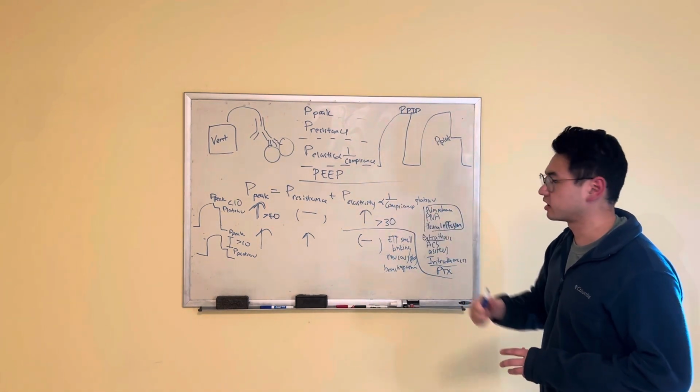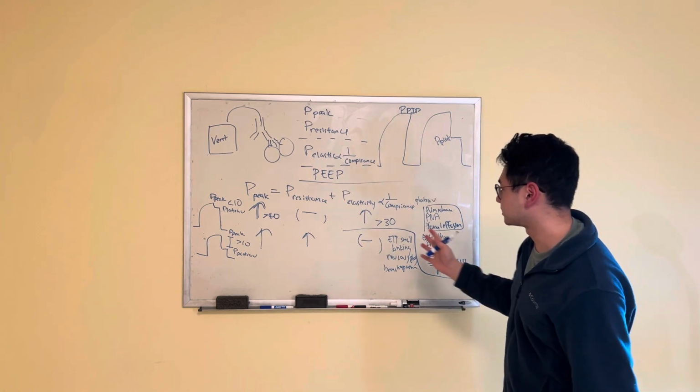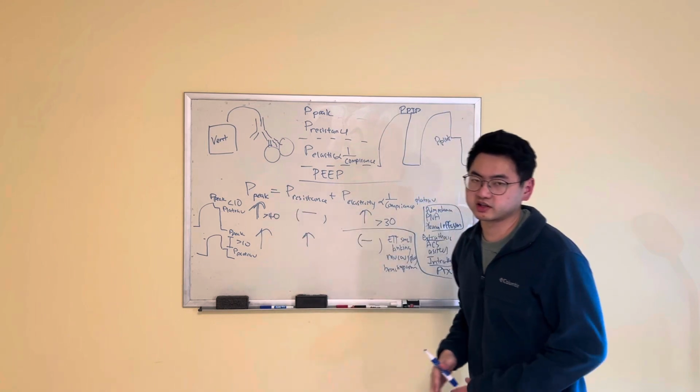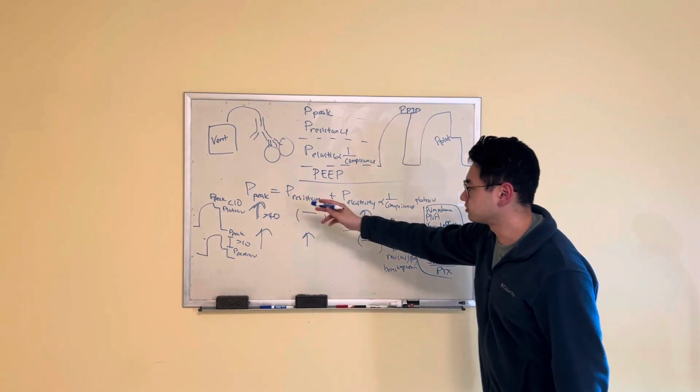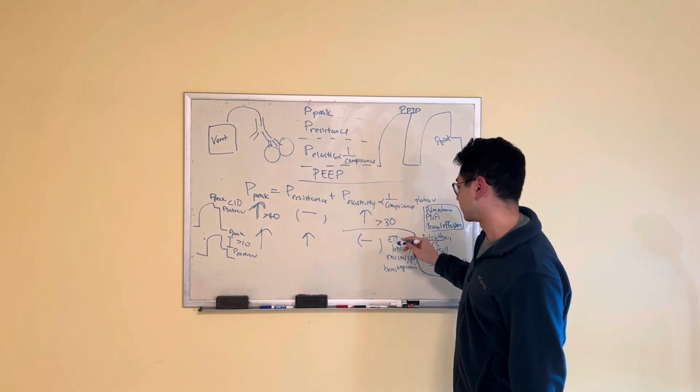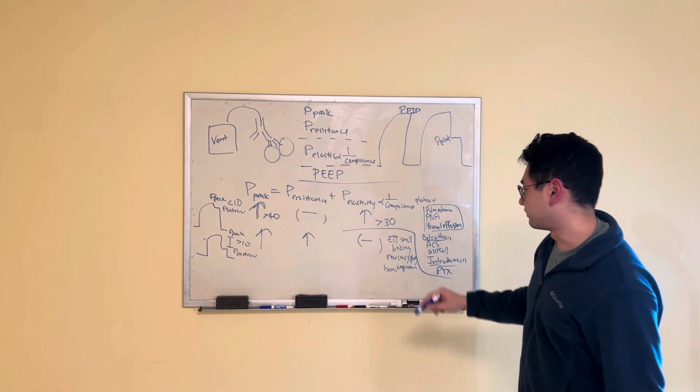So I think we've gone over a good overview of what can elevate the plateau pressure, what can elevate the peak pressure, how to troubleshoot when we see elevated peak, and how to figure out which pressure it is that is elevated.